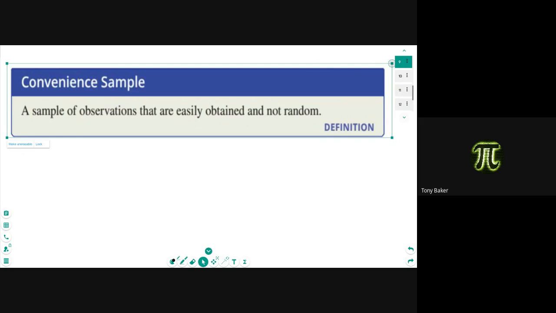No. So give me an example of a convenience sample. Not you, you've given me enough. Give me an example. There's lots of them.